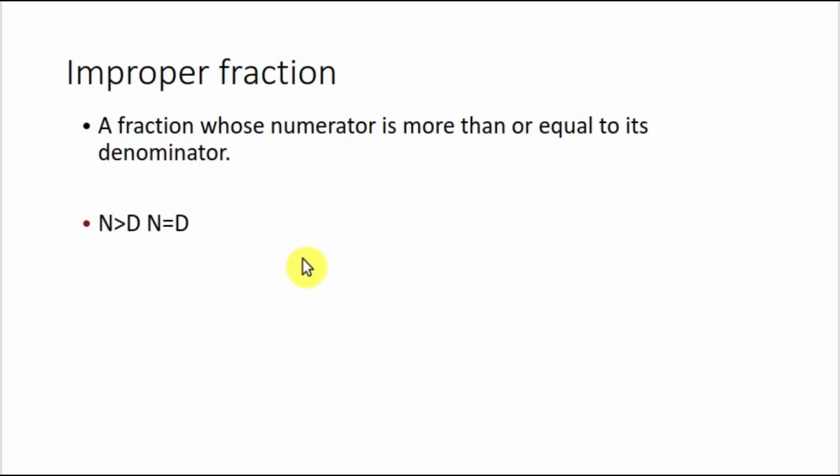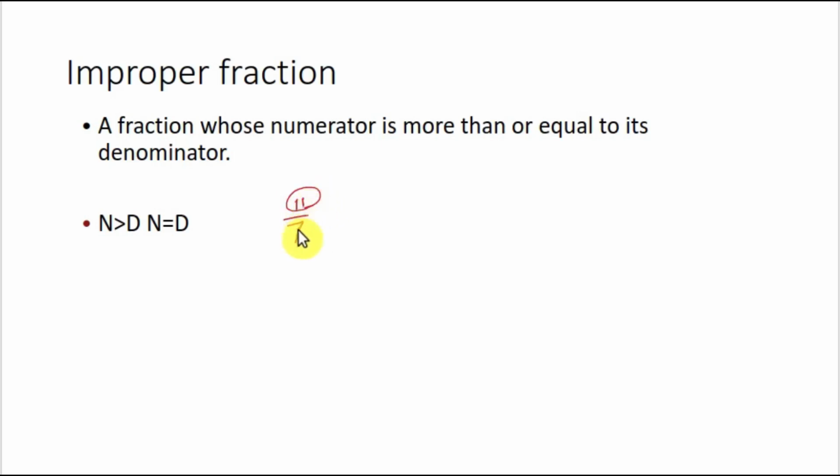The next is improper fraction. An improper fraction means a fraction whose numerator is more than or equal to its denominator. Example, 11 by 7. 11 is the numerator, 7 is the denominator.